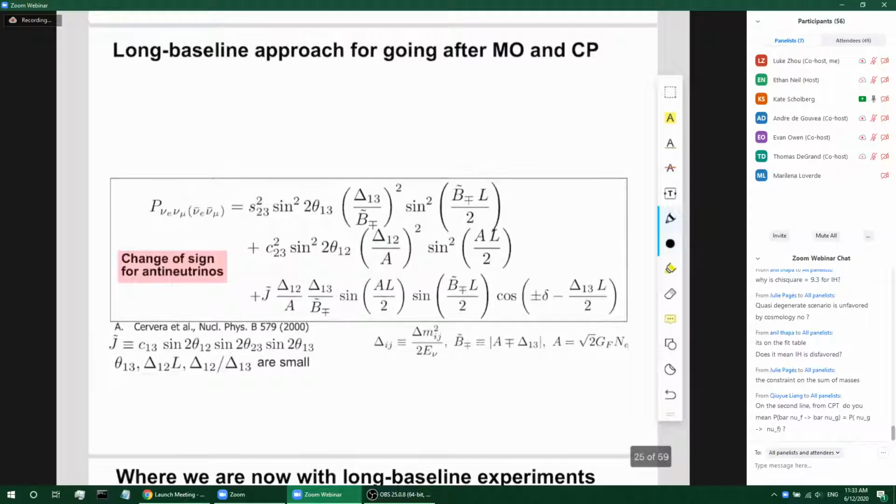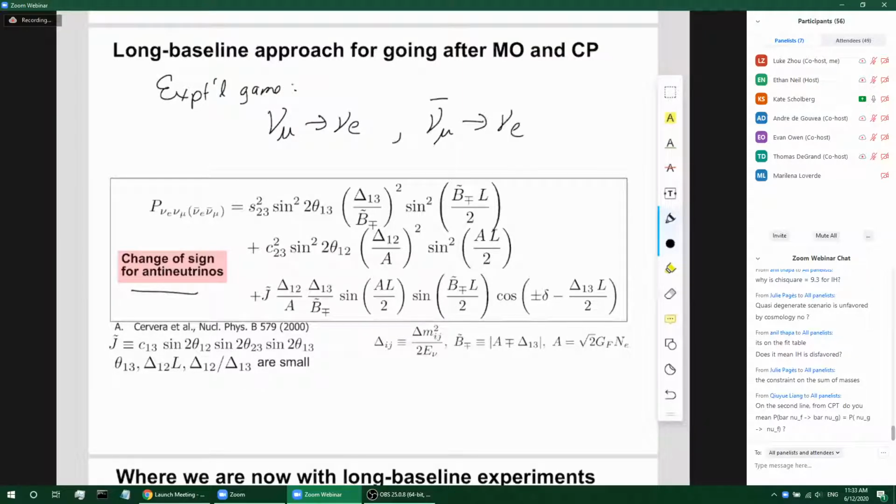Here is just an example showing, and I wasn't going to try to write this all out because I would really make lots of typos, the probability for neutrinos and antineutrinos, where you have a different plus or minus depending on neutrinos or antineutrinos. You change the sign for antineutrinos. The experimental game is to measure nu mu to nu e and nu mu bar to nu e bar.